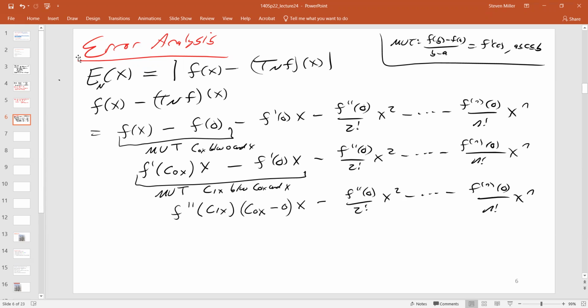How is this looking? Can we use the mean value theorem again easily the next time? No, things are now going to get hard, because this is being evaluated at the point c_{1,x}, this over here is a c_{0,x}, and over here this is a 0.